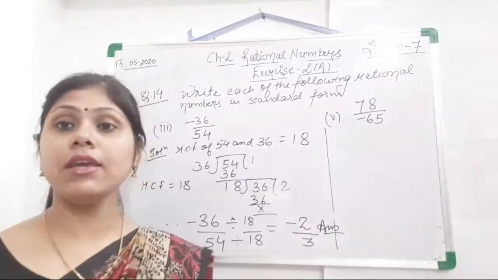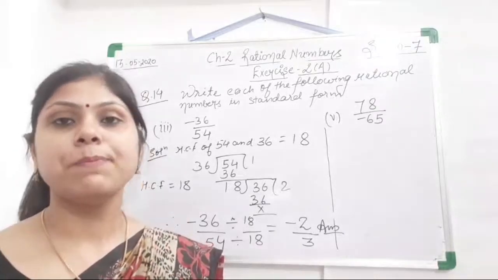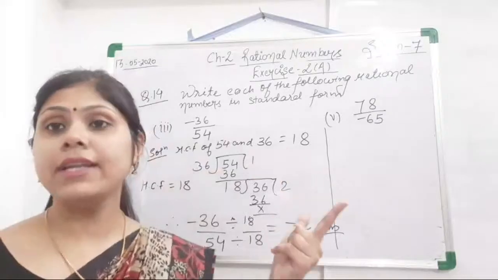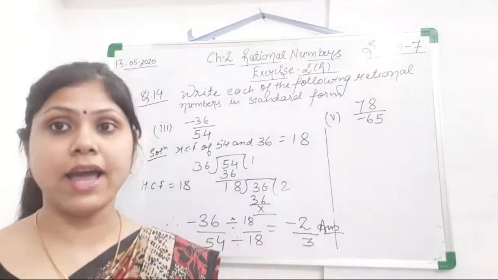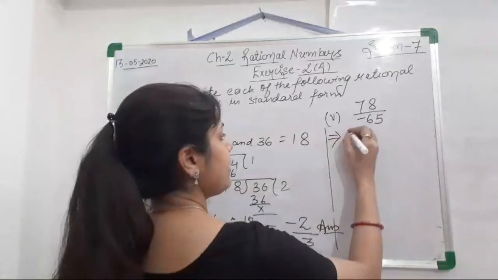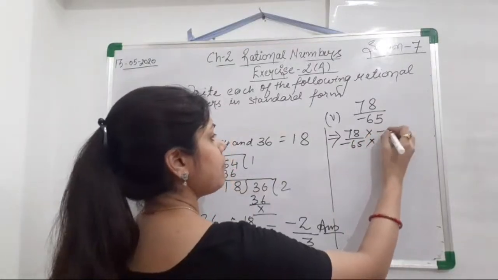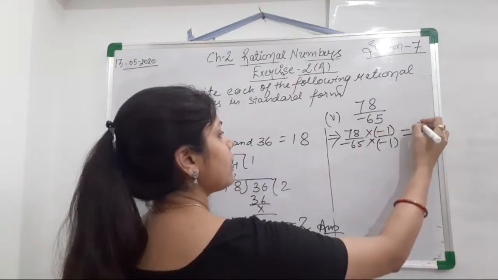Now let us come to this question. Now you can see in the denominator a negative sign is there, and I explained that to you that day. If in the denominator a negative sign is there, first you will make the denominator positive. So this implies 78 upon minus 65 multiplied by minus 1 and minus 1. What will come?